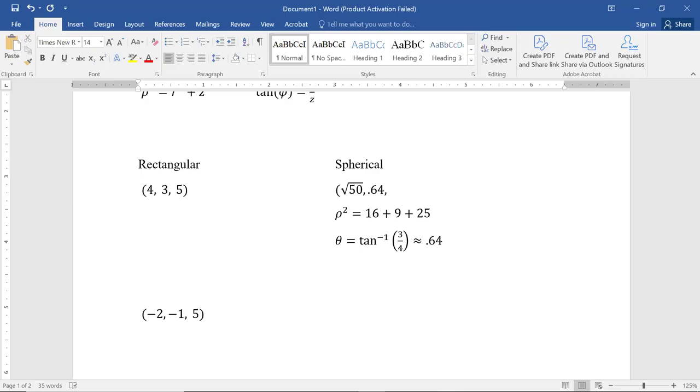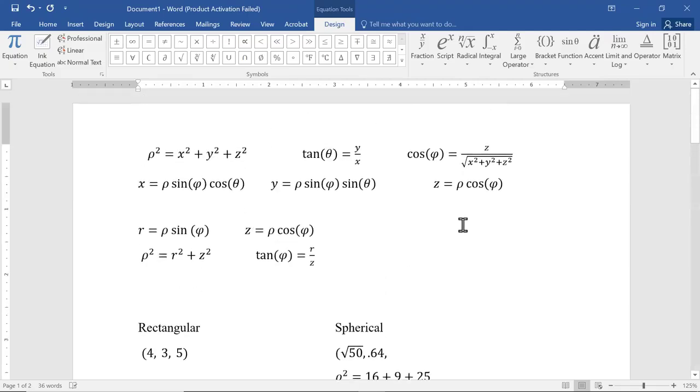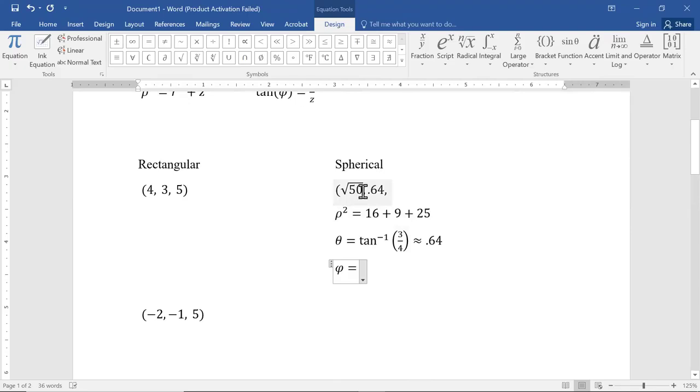And then lastly, my phi, which again, there's multiple ways to write phi or to draw the letter phi. I'm using this one because that's what the book does. We do cosine of phi is equal to z over rho. And since I already know rho is square root of 50, I'm just going to take 5 over square root of 50.